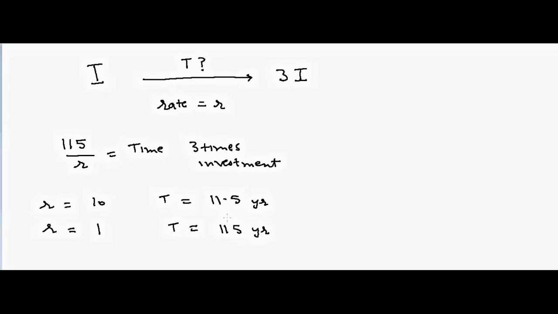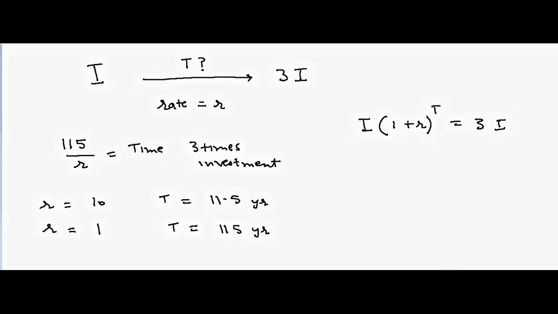Why does this happen? Let's try to solve this problem with the logarithmic approach. The approach is to have your investment, and we multiply this investment with the interest factor, and each year it is compounded, so we have it raised to power t, and that should be equal to 3I, because we are looking for the investment to grow 3 times.